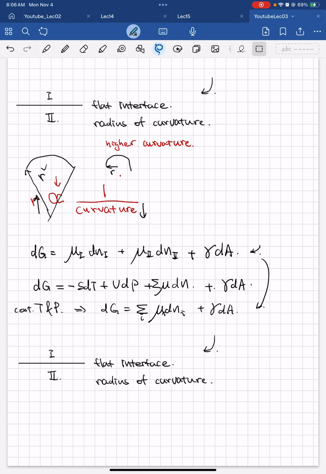This is how you describe this model. Then, when this model is in equilibrium, of course this is a surface that is naturally formed between phase 1 and phase 2.